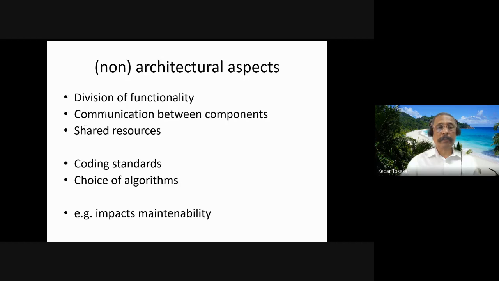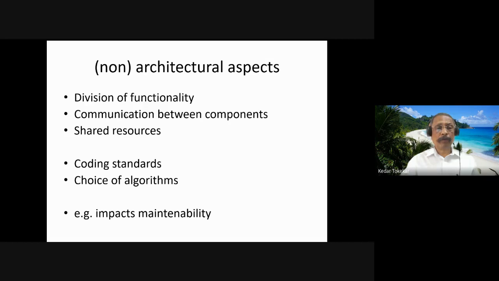One is the architectural aspect: division of functionality, communication patterns, what we have identified in the architecture. All these things come into the architectural document, but some may not come into it because they might be company-wide standards, or might be applied by the customer themselves.